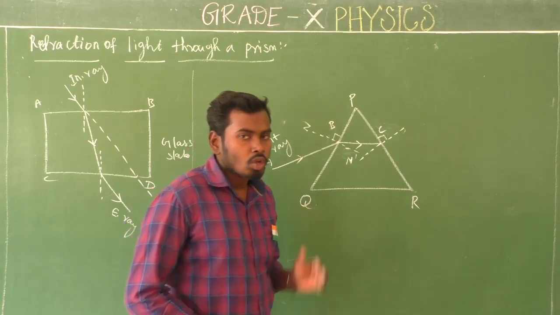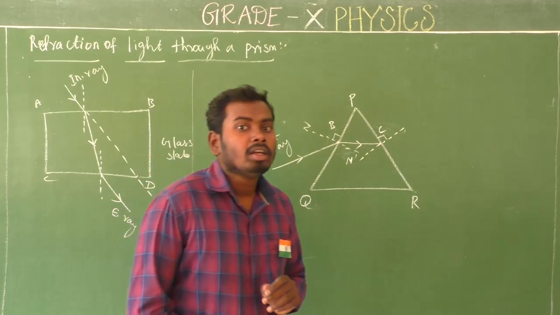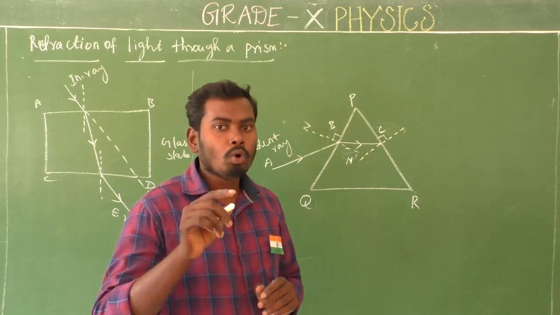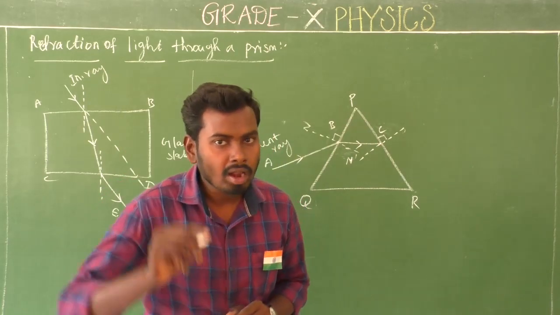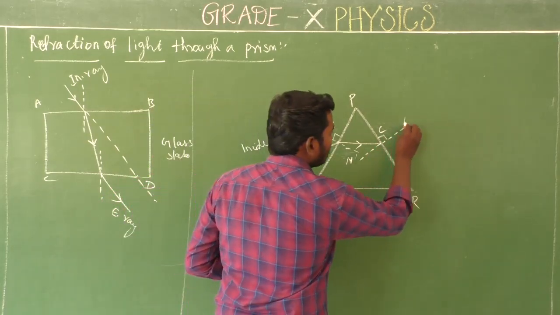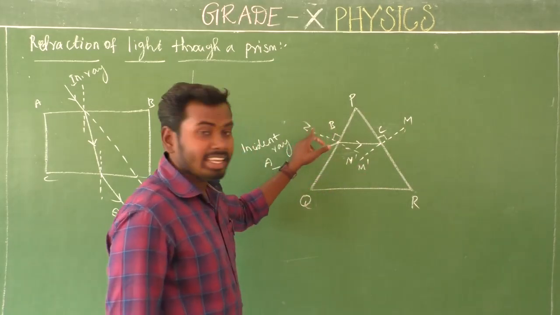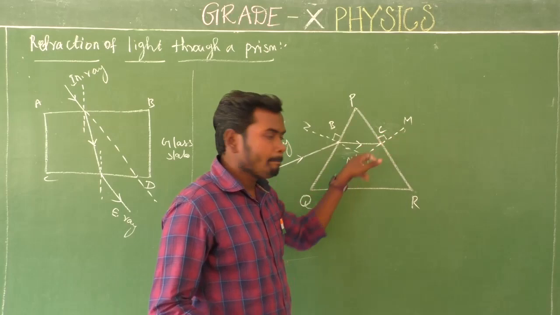Whenever light goes from an optically denser medium to a rarer medium, what will happen? The refracted ray will move away from the normal. So this is the normal, M dash. The first normal is N dash, the second normal is M dash.